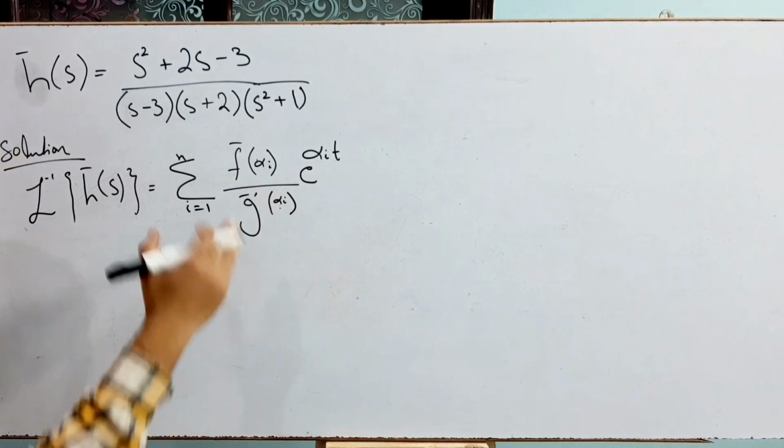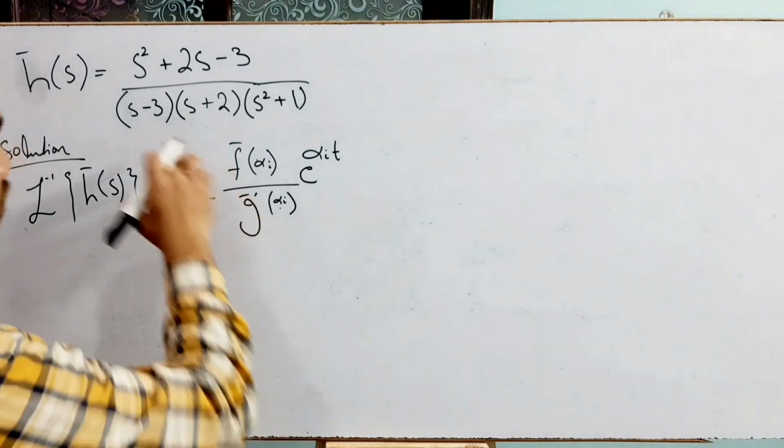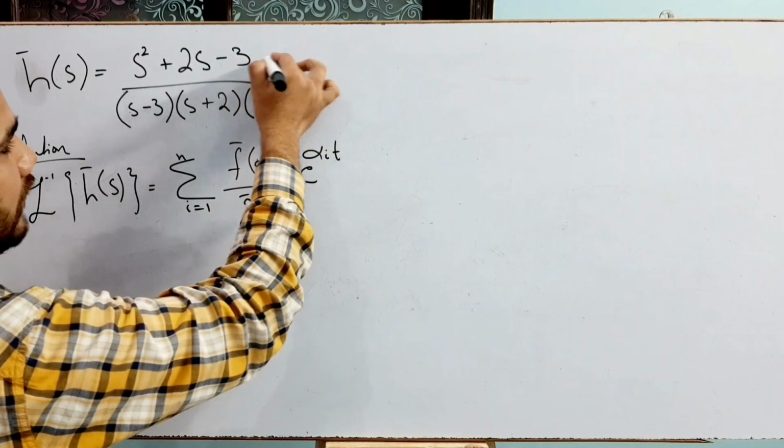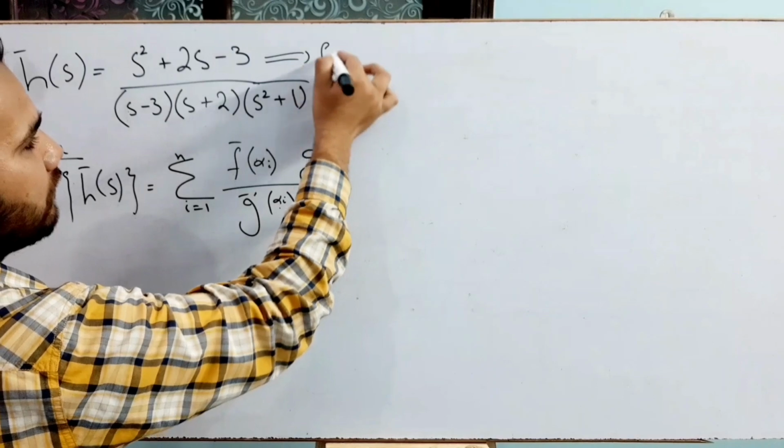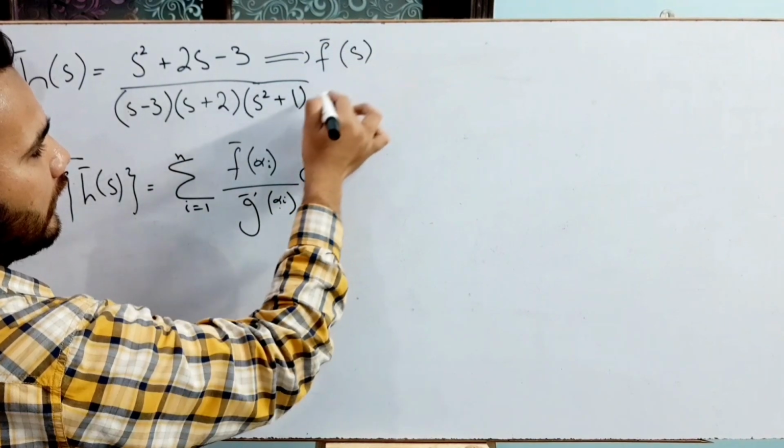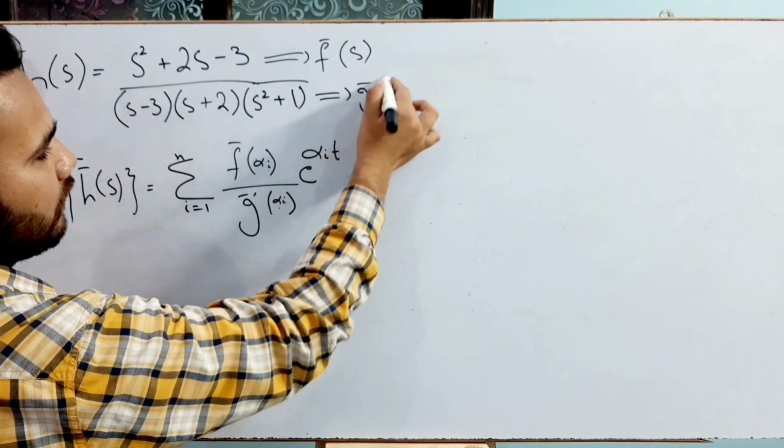Of course alpha i are the roots of g bar of s, so let's say this is f bar of s and this is g bar of s.